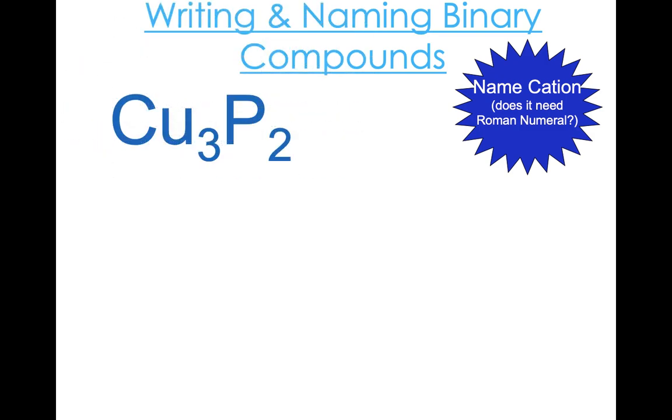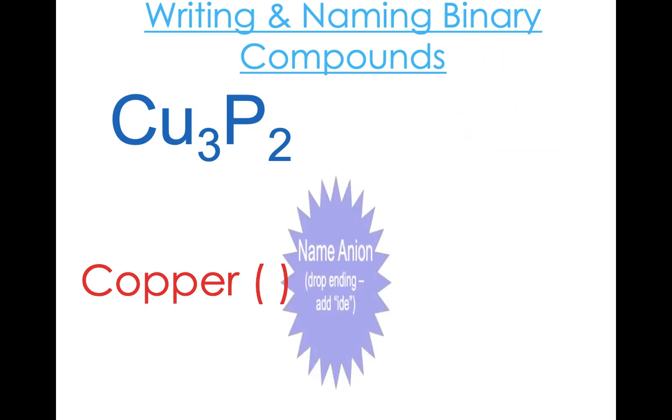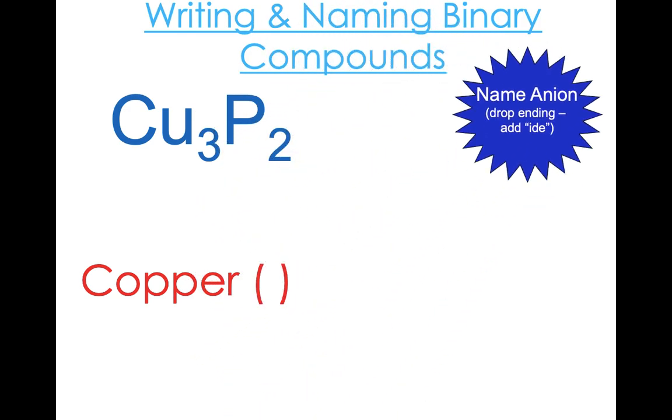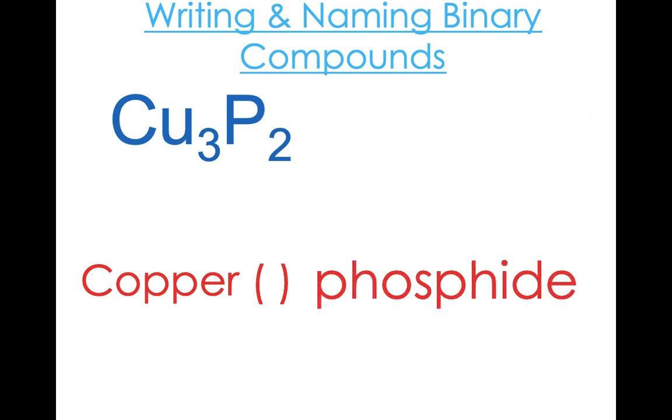We don't know it yet, but let's just leave some space for it. And let's name our anion. P is our anion. P is phosphorus. So we drop the ending and add an "ide", so it's going to be called phosphide. So we know it's copper something phosphide.